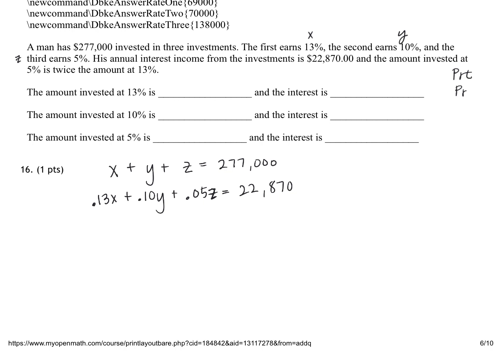And then the last equation can come from the very last part. It says the amount invested at 5% is twice the amount at 13%.